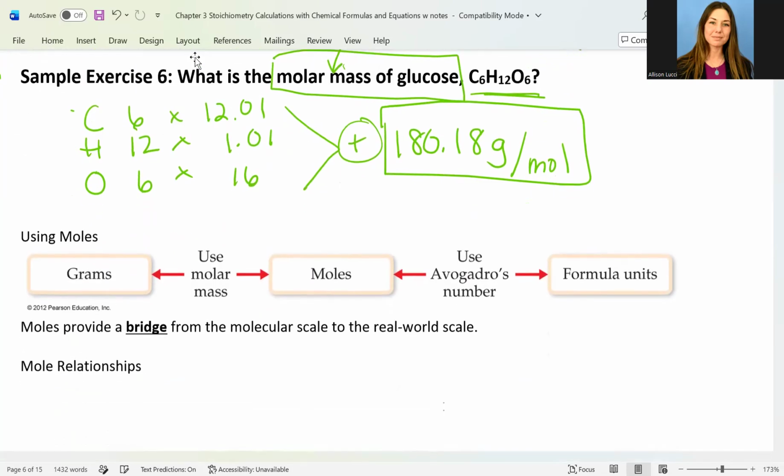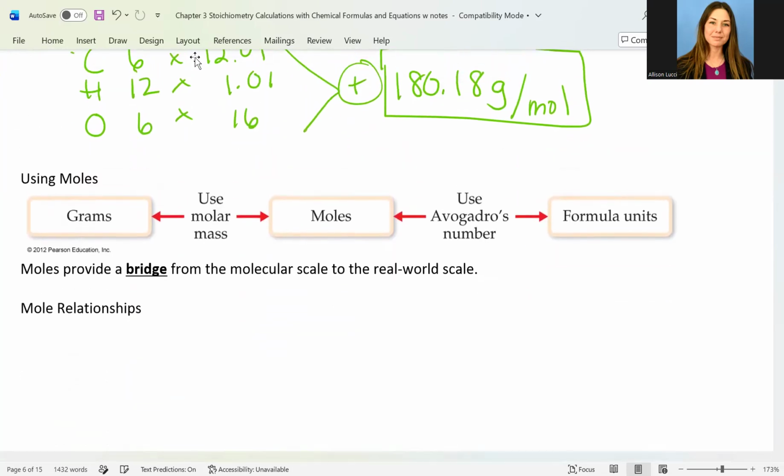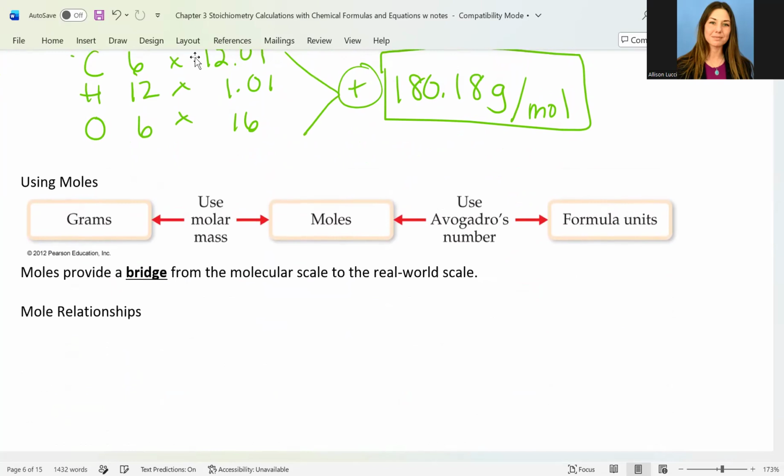So I mentioned we can use molar mass or Avogadro's number, actually both, as conversion factors. So when we have grams as our given unit and we need to get to moles, we would use the molar mass, so what we just calculated, to bridge between grams and moles. So we use molar mass there. And because the unit is in grams per mole, when we divide by our molar mass here, we end up with our unit in moles.